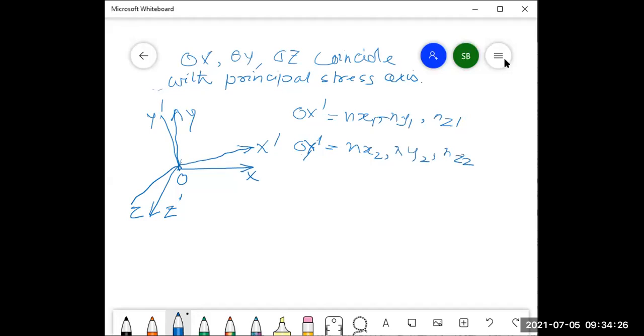So, as we know, X dash and Y dash are at right angles to each other. We know that the multiplication of their individual direction cosines will be equal to 0.